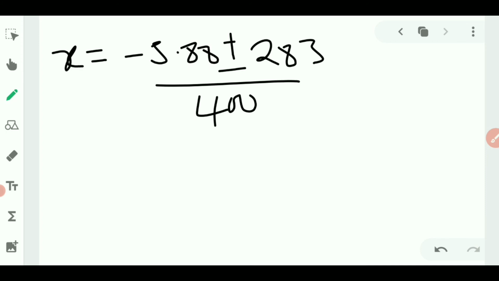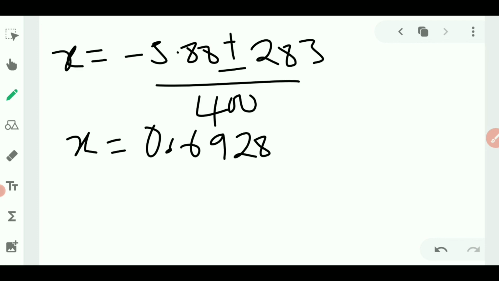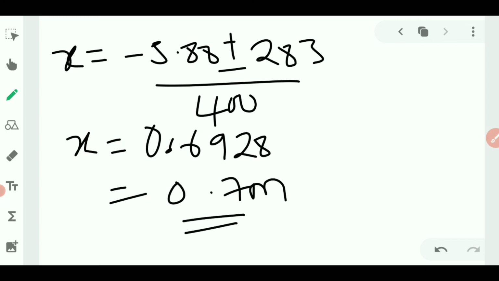So only consider the positive answer. And when you do negative 5.88 plus 283 and divide it by 400, you should get 0.6928, and the final answer will be 0.7 meters.